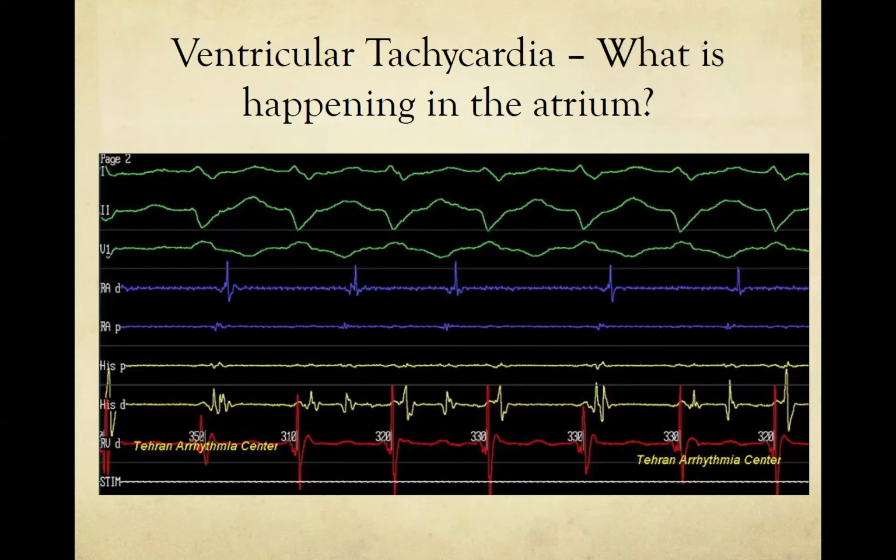Now, this is an adult patient, presumably. We've discussed this in the past, but adults can have VA block at baseline. I think as we get older, more and more patients do not have VA conduction through their AV node, but it is certainly possible. In children, we see it very commonly.